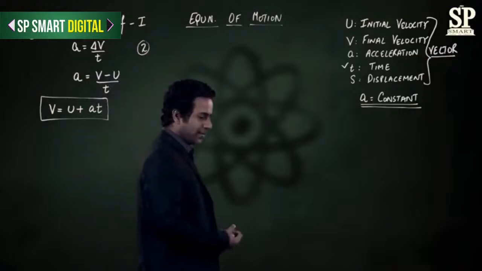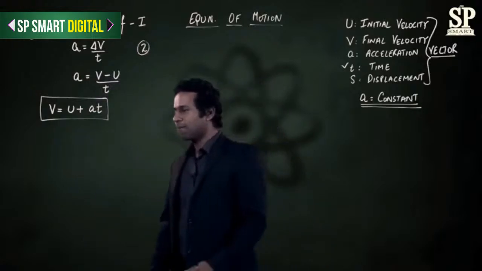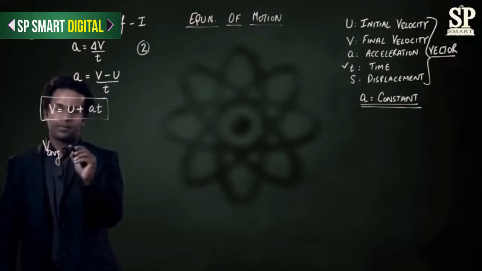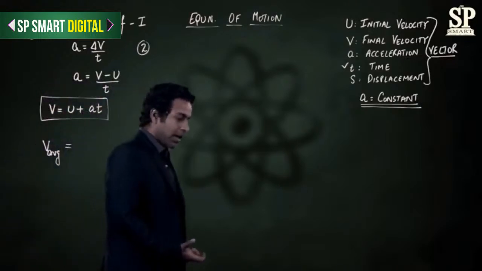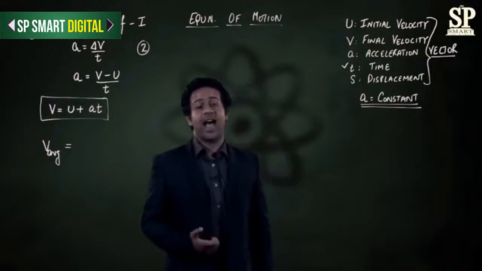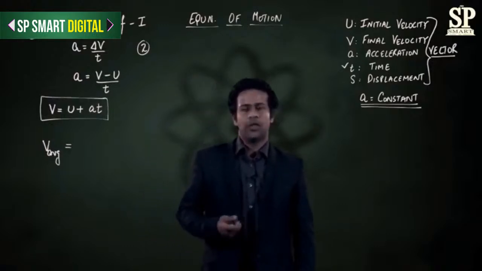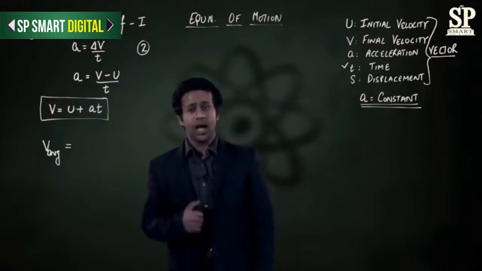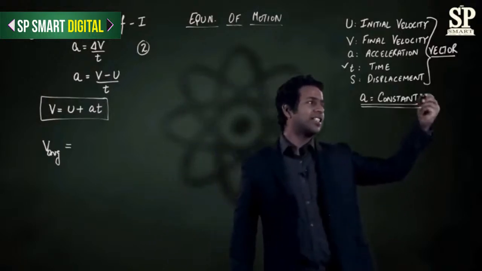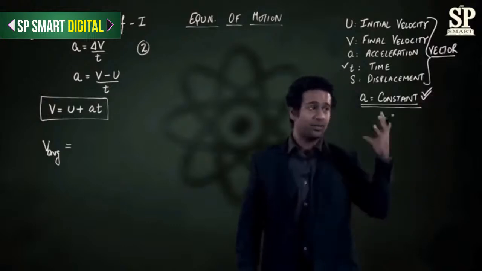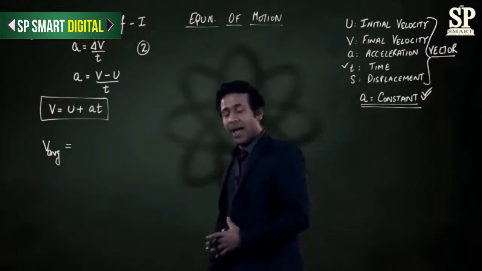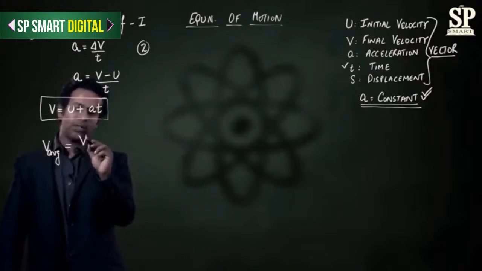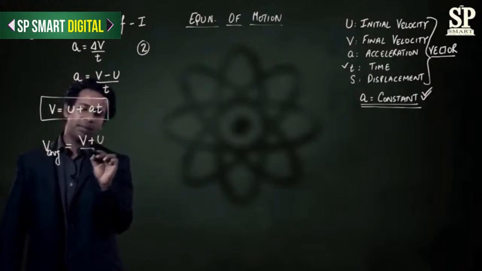For the second equation, we are going to first study once again the average velocity. I hope you remember that average velocity is equal to the total distance traveled by the total time taken. Now, whenever acceleration is constant, and that is why this assumption is critical, the average velocity is simply equal to the final plus initial by 2.